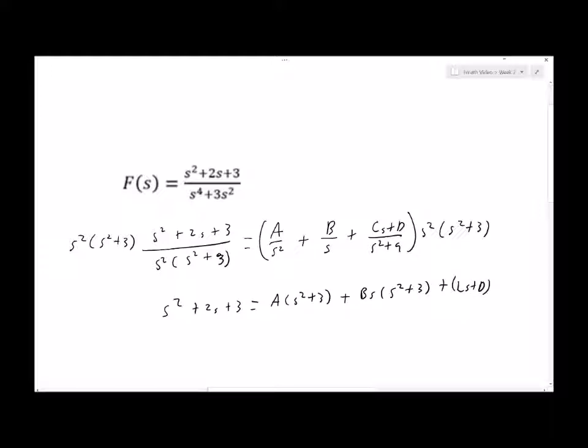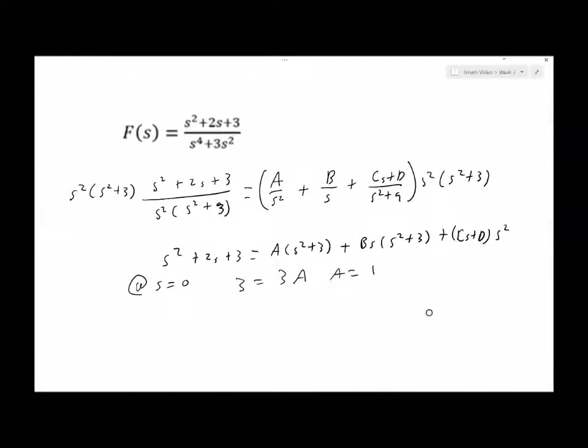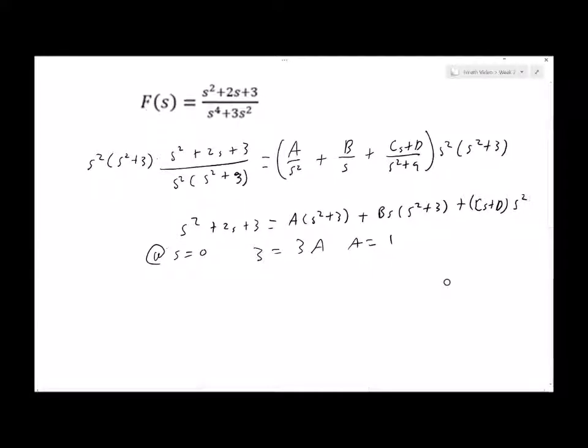It looks kind of nasty. So now if you see, if we plug in a 0, we'll get rid of B, C, and D, and we can solve for A. So at s equals 0, we're left with 3 equals 3A. Everything else cancels out, so A equals 1. Sweet. That is the only killer s we can use.